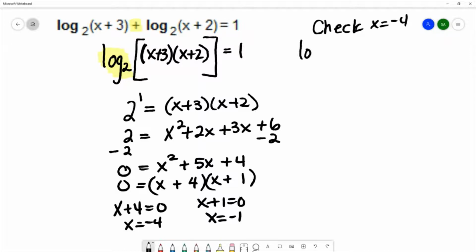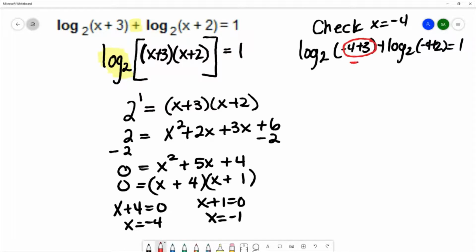That's log base 2 of -4 plus 3 plus log base 2 of -4 plus 2 equals 1. -4 plus 3 is a negative, and -4 plus 2 is a negative. And so that means we need to throw this solution away. Log of a negative is undefined.